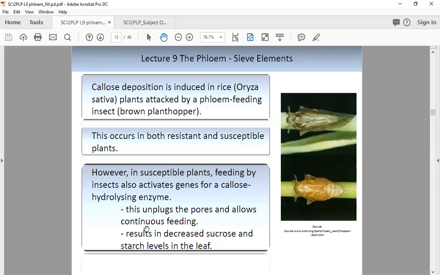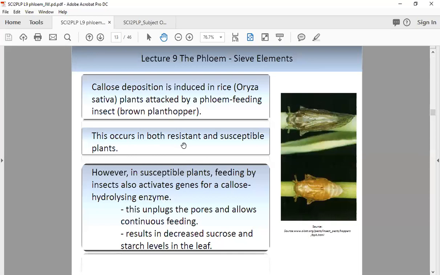So this allows the insects just to feed continuously, and it results in decreased sucrose and starch levels in the leaf.